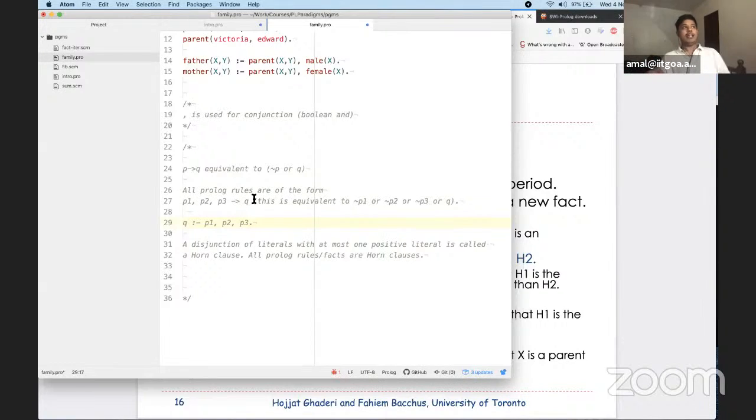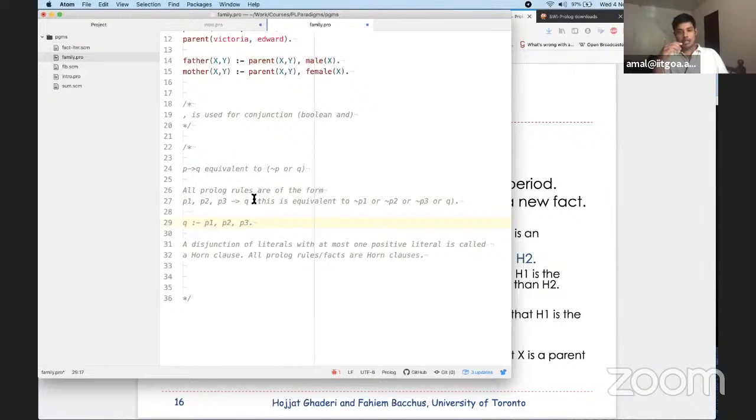Now, why is it so important to have only a subset of formulas? The reason is, you might have seen in your design and analysis of algorithms course that Boolean satisfiability is NP complete. Given a formula, checking if it is always true, or checking if it is satisfiable, is a very hard problem.